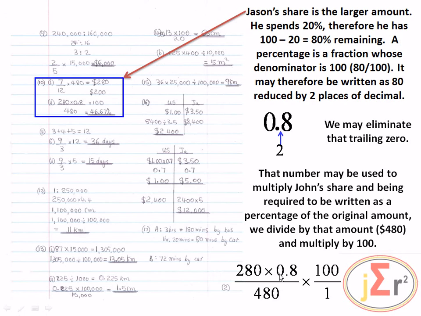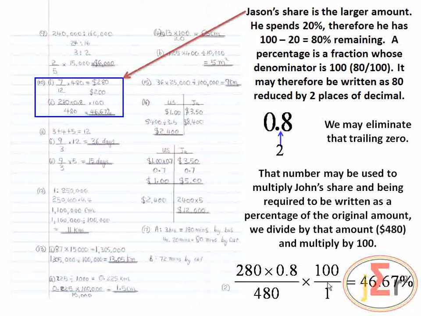He's down to 80%, which is 0.8 of the original, so we multiply by 0.8. It is a percentage of the total profit, therefore to be placed over the total profit. And also, in the normal manner of finding a percentage, we multiply by 100, and it turns out to be 46.67%, or more accurately 46 2/3%.